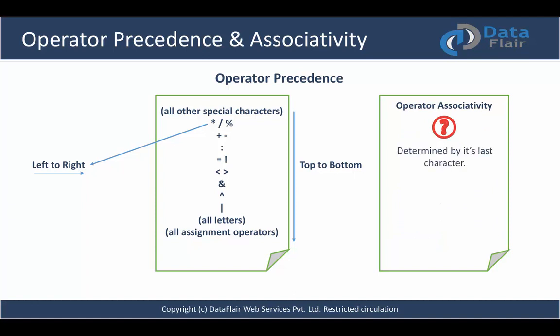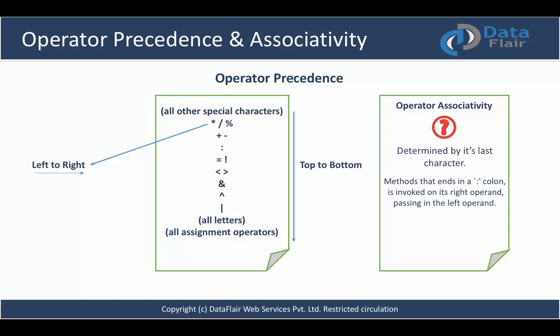Then we have operator associativity. Scala associates these operands by the operator's last character. Methods that end in a colon are invoked on the right-hand operand, passing in the left-hand operand. If you see 2 plus 3, it means that the plus operator has been called on 2 and we are passing the parameter 3.